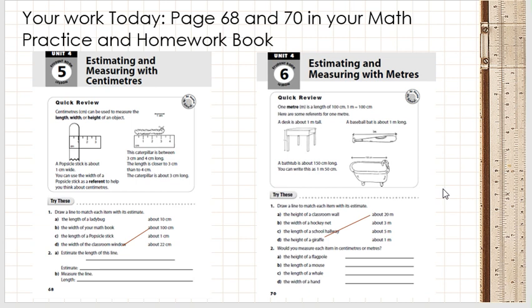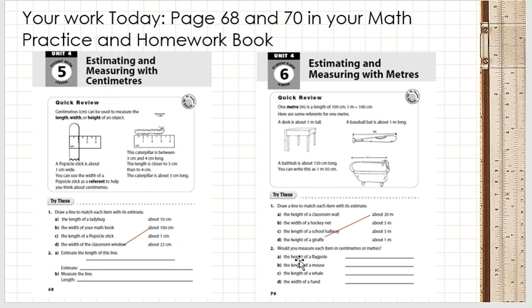Now if you think about yourself, you are probably about maybe 1.5 meters tall, maybe 2 meters, okay? I would say closer to 1 meter, but think about your size in comparison to that of a giraffe, all right? And you can use in here the box, the quick review, to help you think about how long things are.